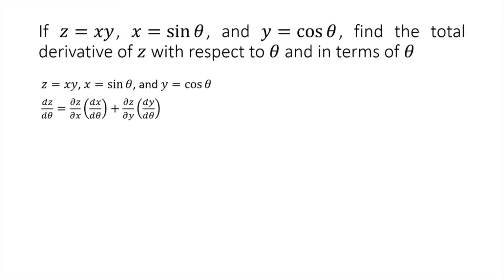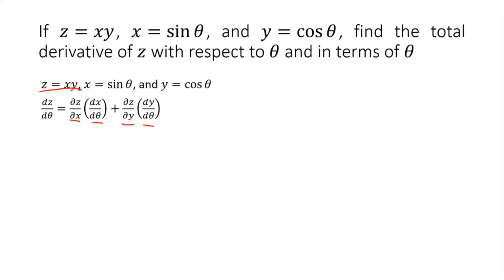From here, we need the partial derivative of z with respect to x, dx/d theta, the partial derivative of z with respect to y, and lastly, the derivative of y with respect to theta. Let's start with the partial derivative of z with respect to x.